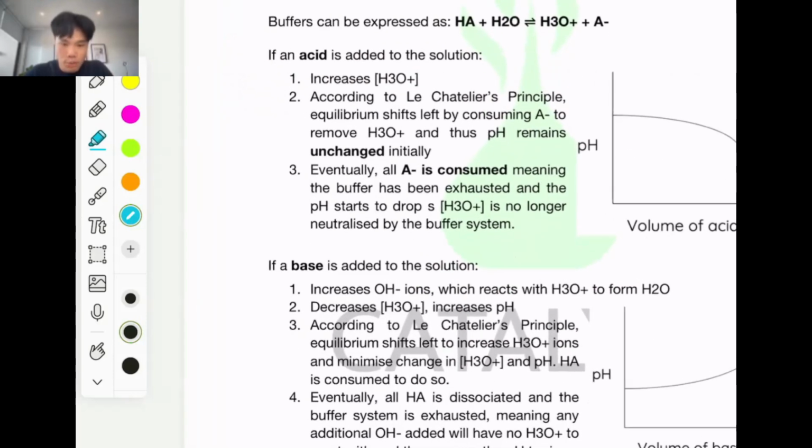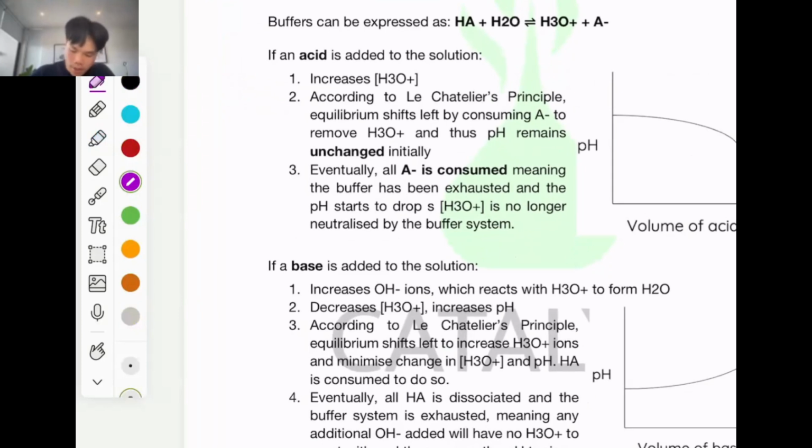The 2 cases of buffers, and I'll spend a bit more time here, is you can either have a basic buffer or you can have an acidic buffer. For an acidic buffer, say it's this equation here, where HA is a weak acid and it turns into A minus, the conjugate weak base.